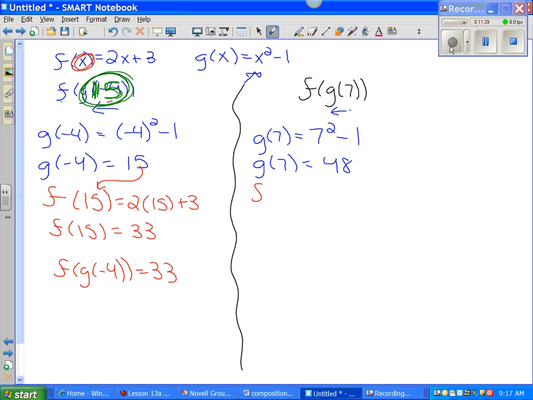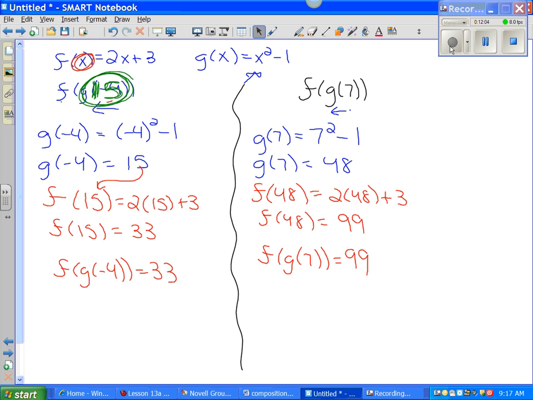Good. We're going to put it in for f of x. So f of 48. So 2 times 48 plus 3. You get 99. How many people got that? Awesome. So the way you write your answer, f of g of 7 equals 99.